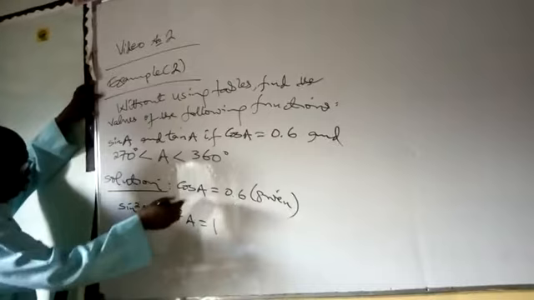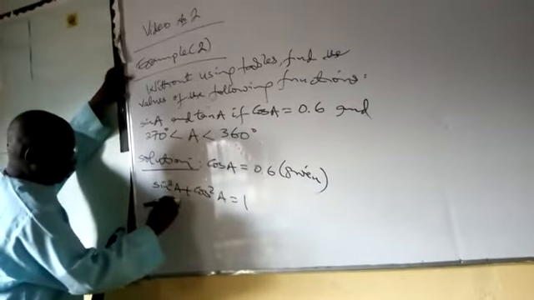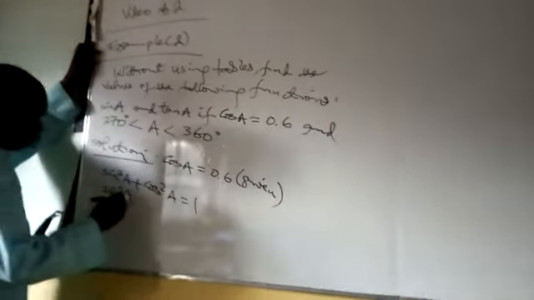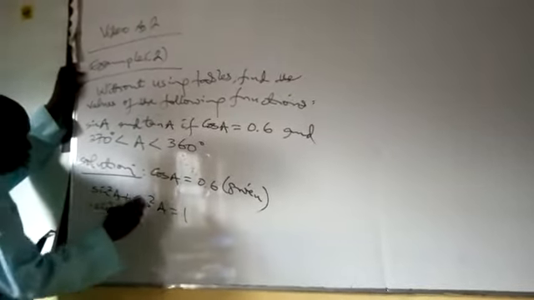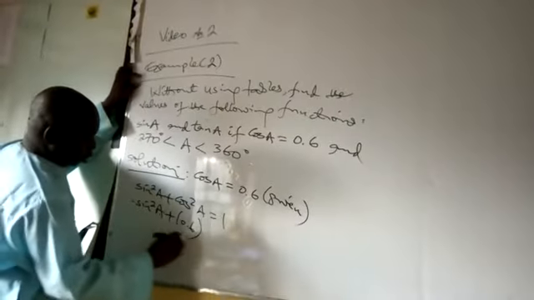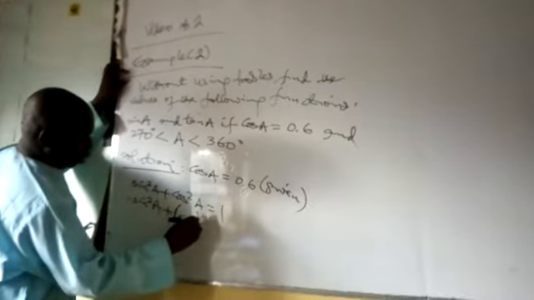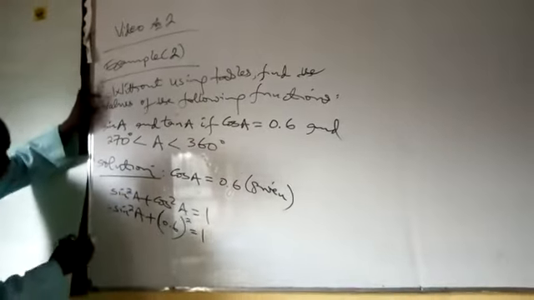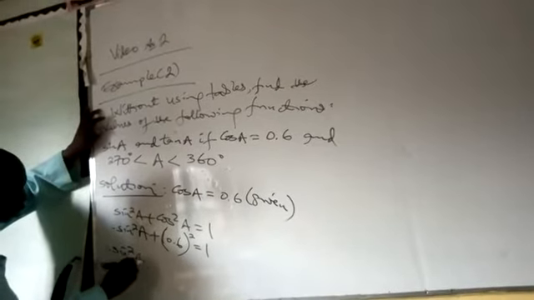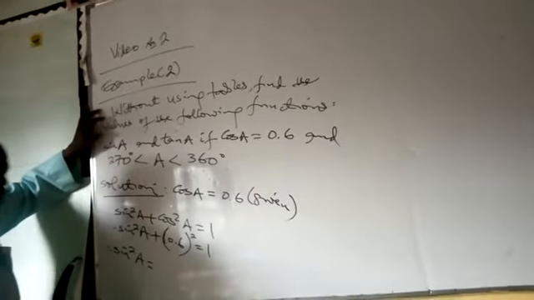Now we are given the value of cos A, 0.6. So sine square A plus 0.6 all squared is equal to 1.